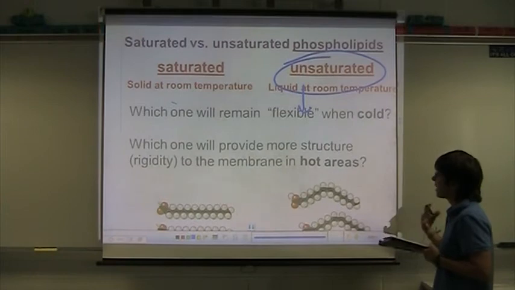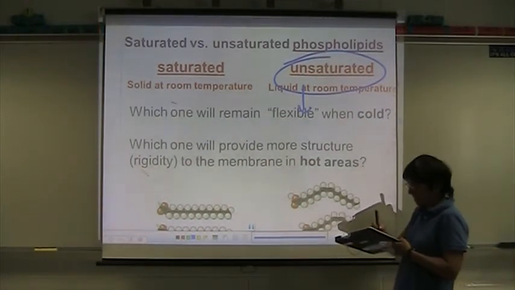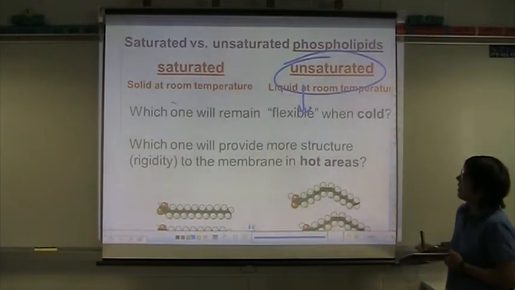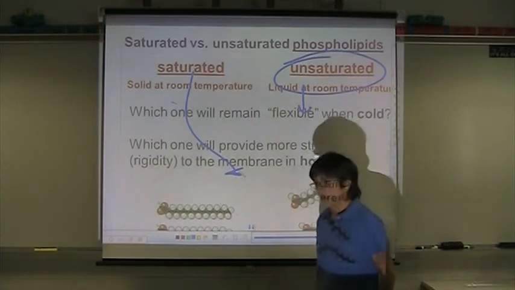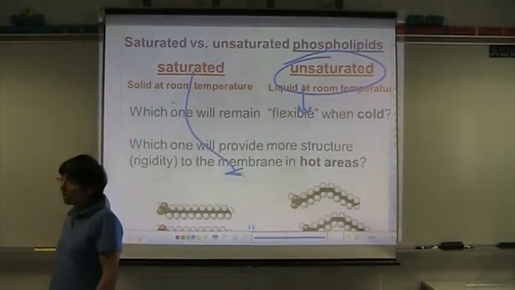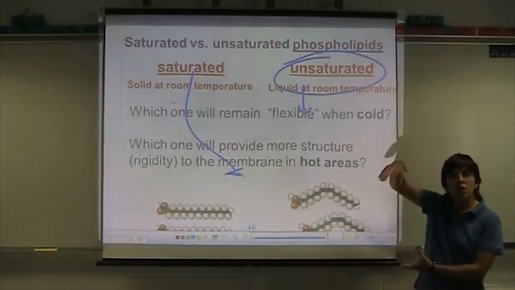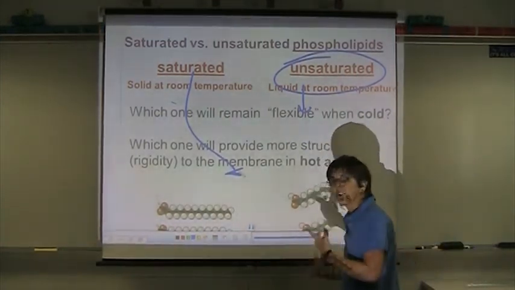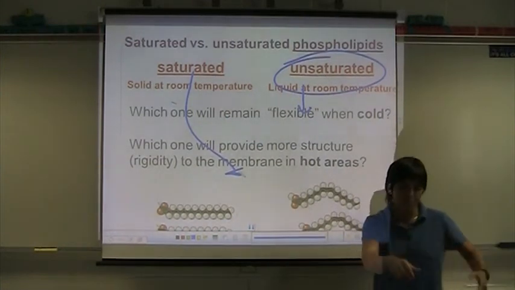Which one will provide a little bit more structure, a little bit more rigidity to the membrane? In this case, the saturated ones are going to be more important. So organisms that live in very hot places normally have a higher content of saturated fats in their membrane. Please think about it. It's unbelievable. It just works so beautifully.